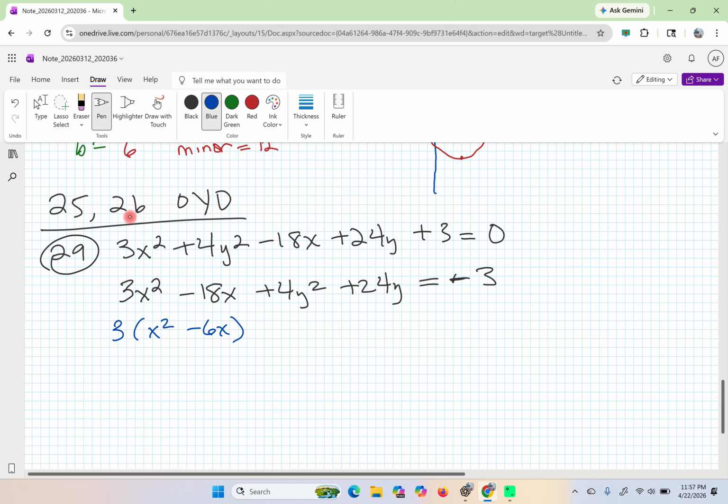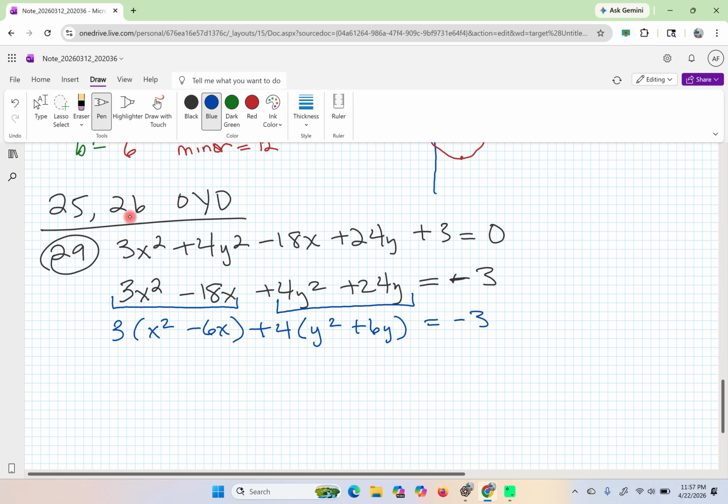And checking, this does multiply back. So what I've done here is I've pulled out the 3 as a common factor from here. And then same with these two, I need to pull out the 4. And that leaves y squared plus 6y. Still -3 hanging out on the right side.